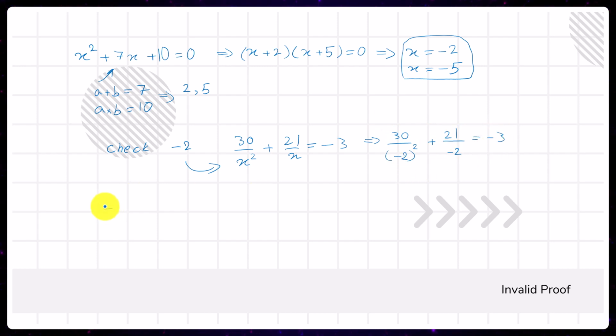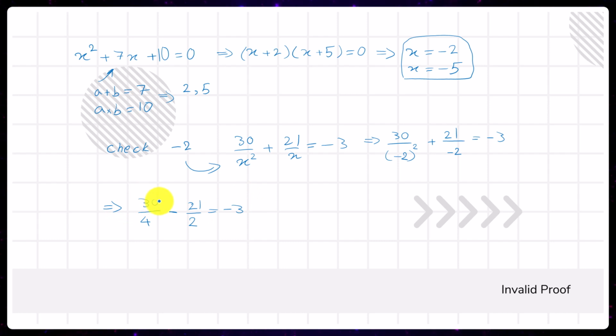Just doing some simplifications and see if it checks out or not. So 30/4 + 21/(-2), which I can bring this negative sign here and just put 2 here, equals -3.